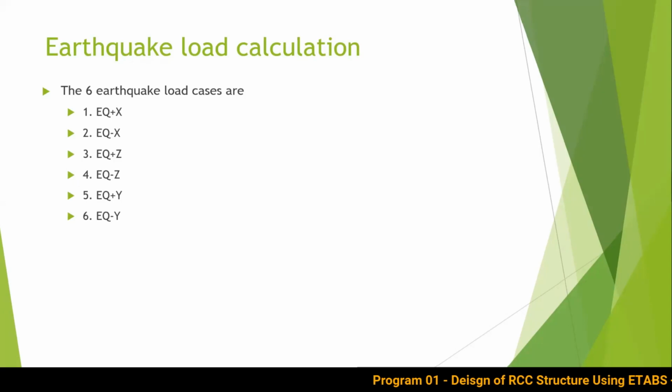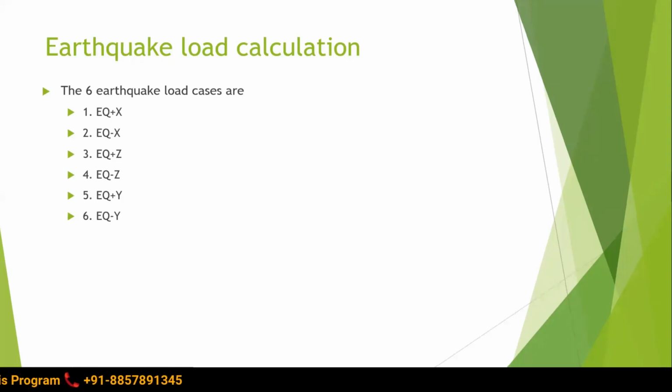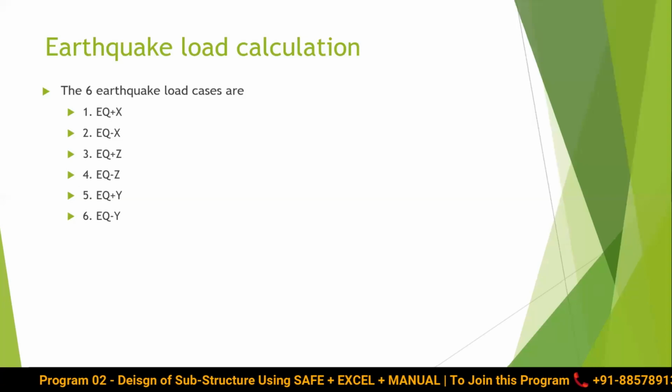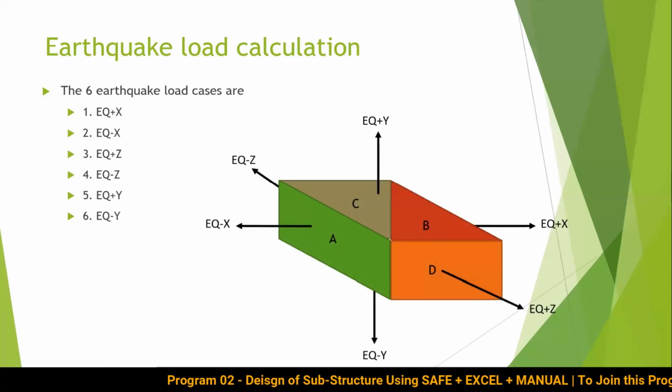Earthquake load can come from any direction, and we have plus and minus for a particular direction. So plus x, minus x, plus z, minus z. Generally, we have these 4 directions, but it could also be plus y, minus y in the vertical direction. So there are these 6 cases of earthquake, as I have roughly shown in this figure.